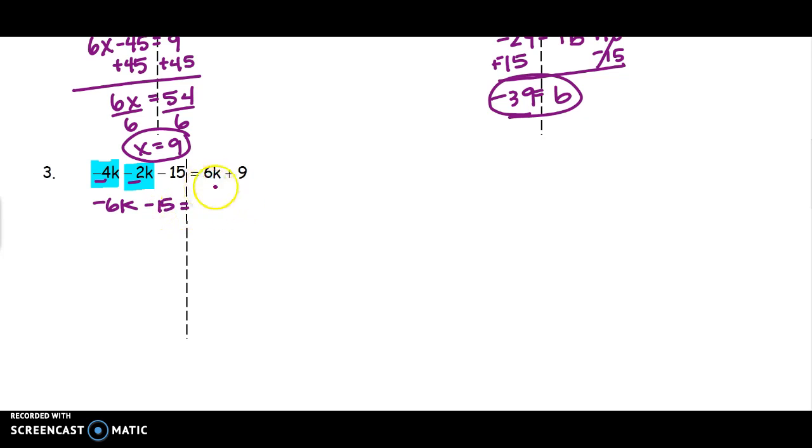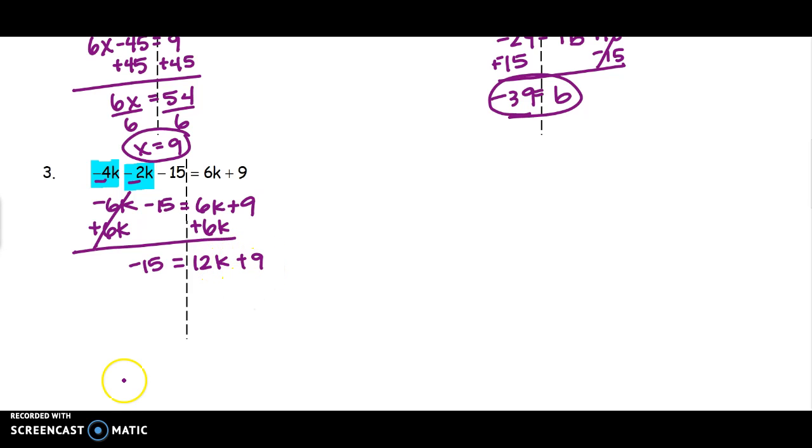Okay, here we have 6k plus 9. We have to move our smaller of the two variables, which is negative 6, so we would add 6k to both sides. And you get negative 15 is equal to 12k plus 9.